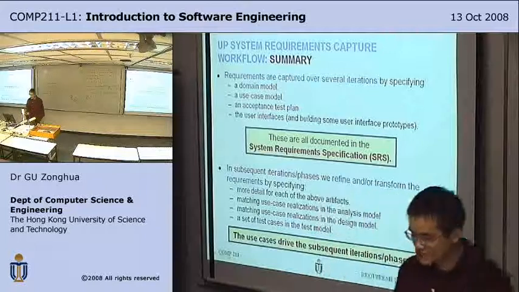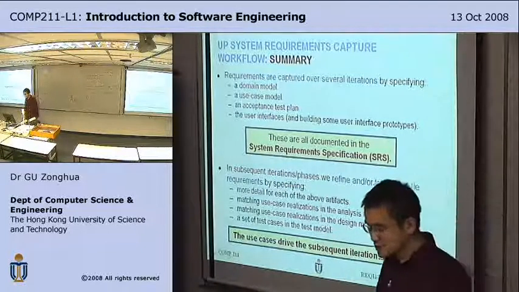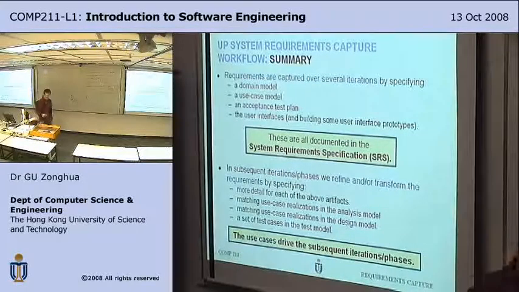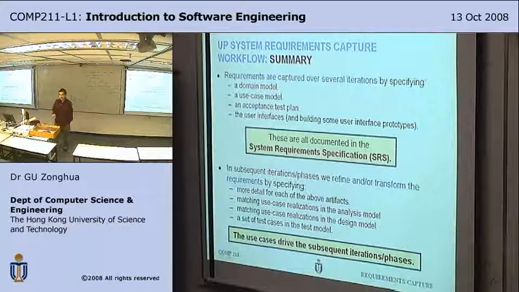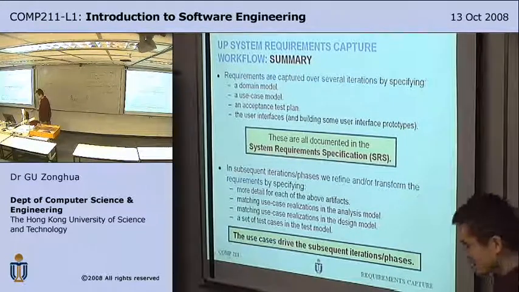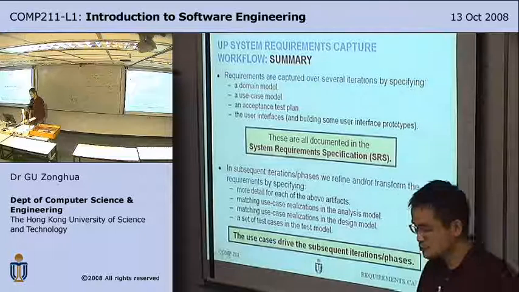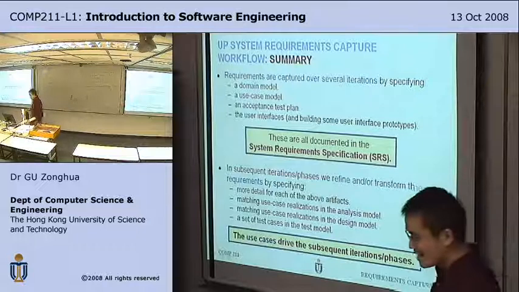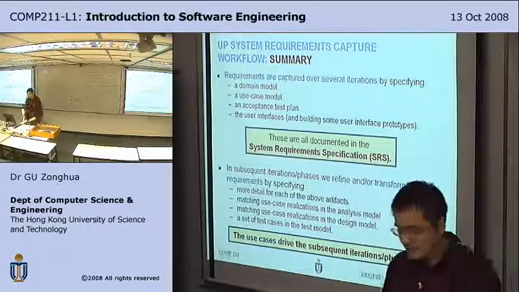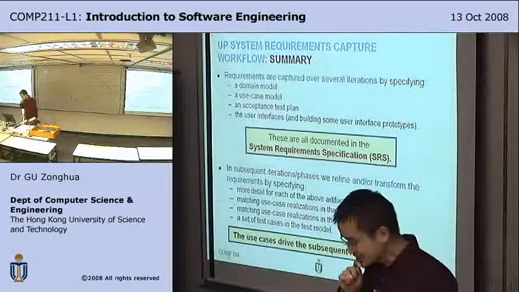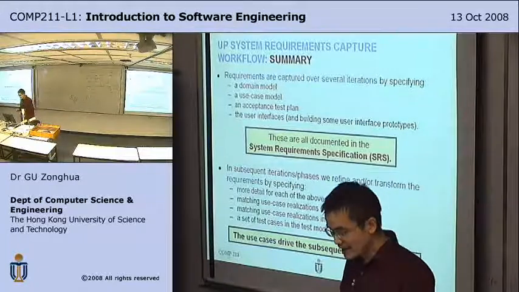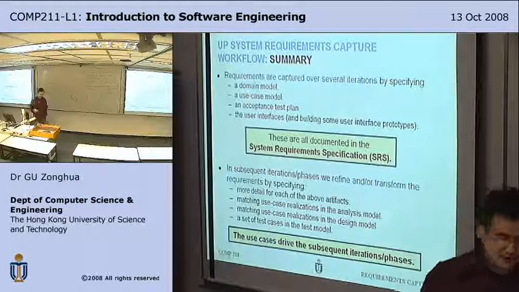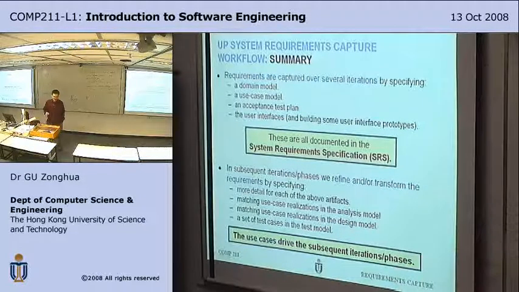The use cases drive the subsequent iterations and phases. If you recall the 4+1 view of the unified process, you have use cases sitting in the middle. You have four corners with the design model, implementation model, deployment model, etc. So everything you do after the requirement stage is driven by use cases.